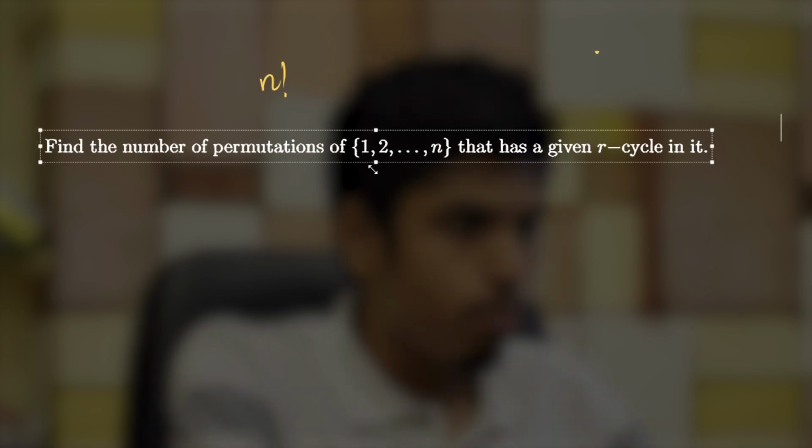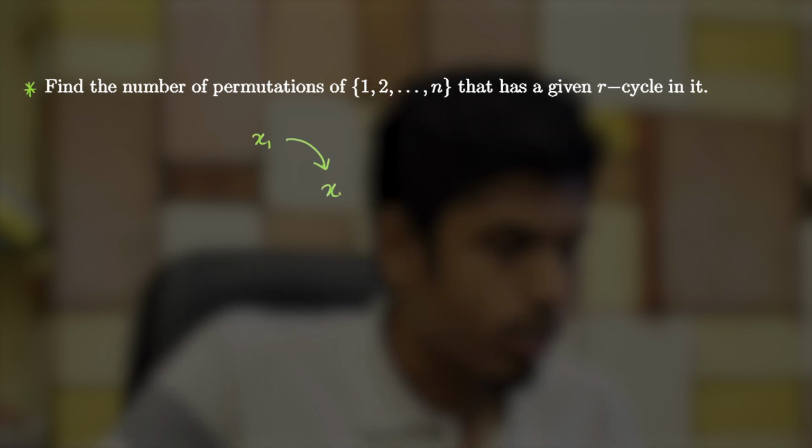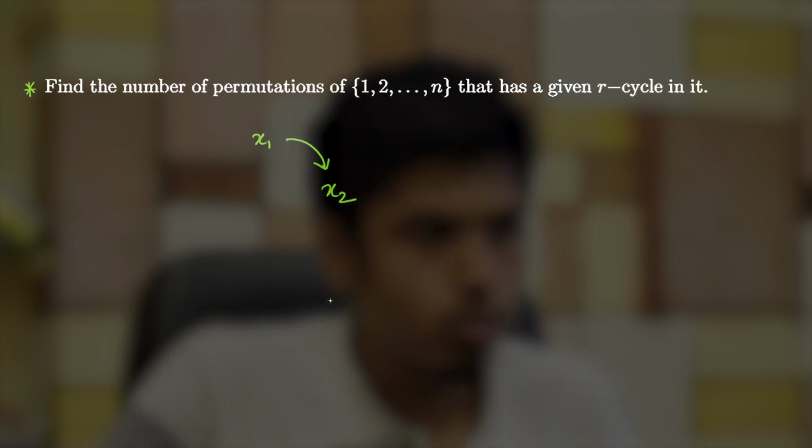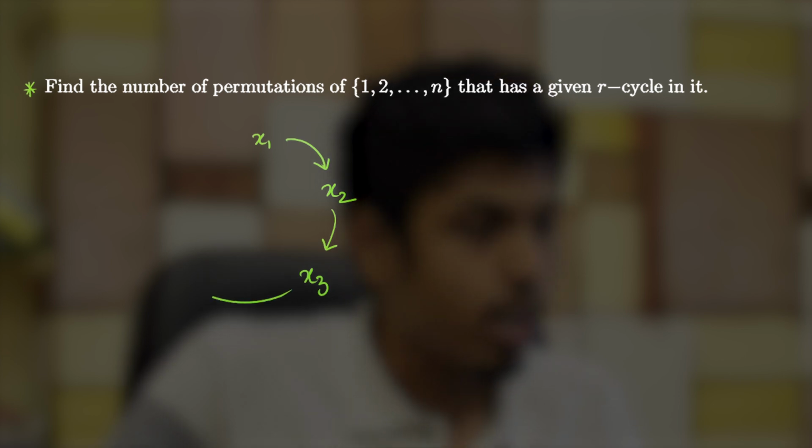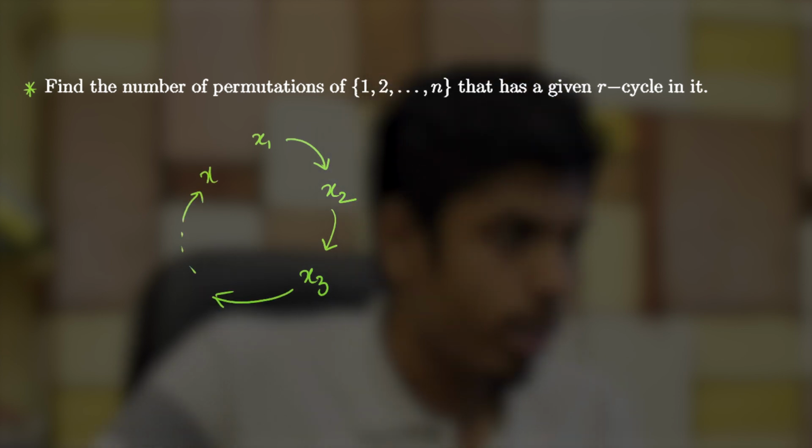So let's quickly solve a problem related to this. Find the number of permutations of the numbers from 1 to n that have a given r-cycle in them. Again, an r-cycle is nothing but x1 goes to the position x2, the number x2 goes to the position x3, and so on till xr goes back to x1.